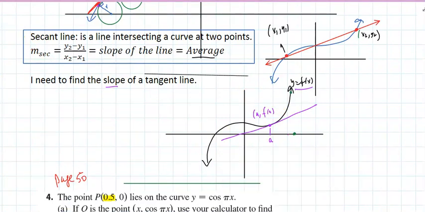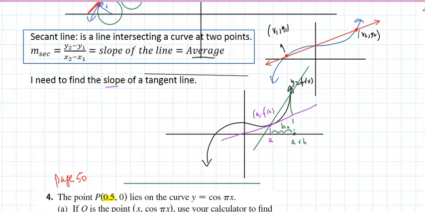So if I pick a point right there, and I draw a secant line, I'm going to call this point a plus h. What that means is I moved h units away.